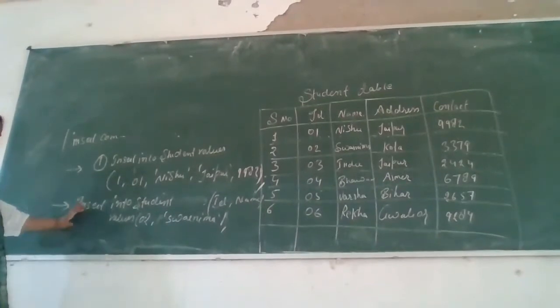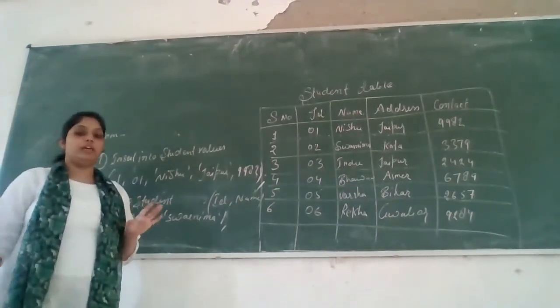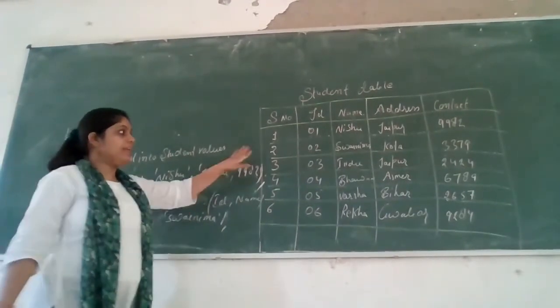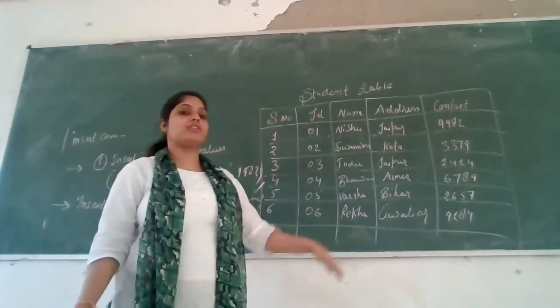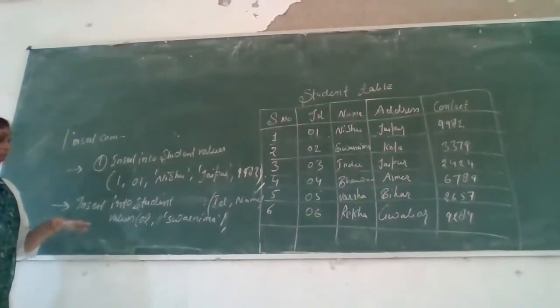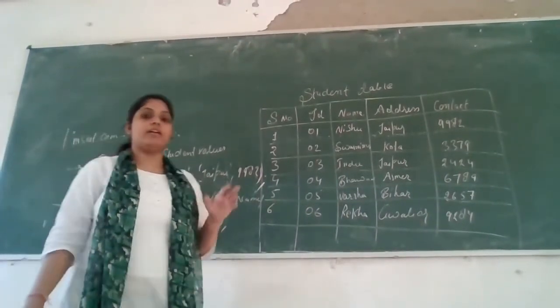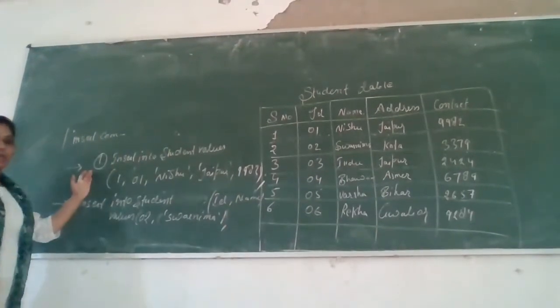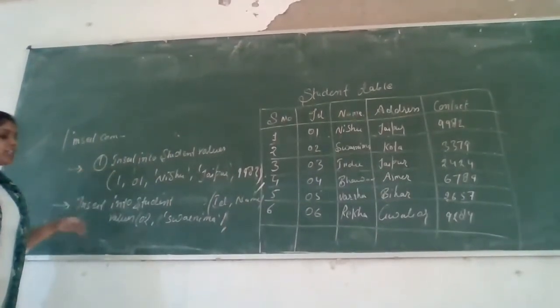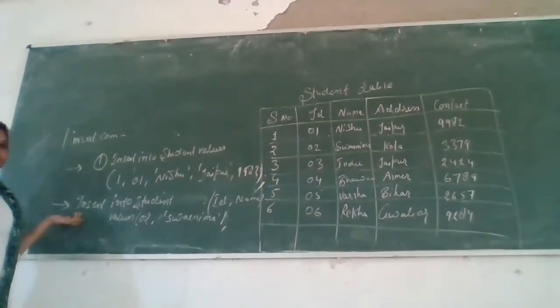By using this insertion command, we only insert some specific values like ID or name only. We don't need any serial number, address, or contact. We can take only ID and name. If you want to add serial number, ID, name, address, contact, use the first insertion command. If you want to insert your data in specific columns, then use the second one.